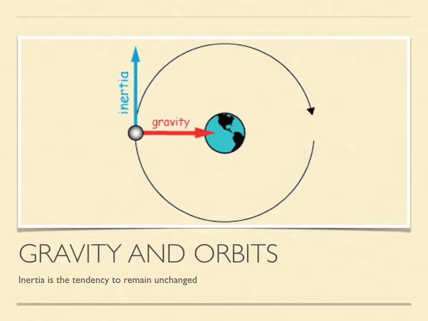So when you have gravity pulling something towards you and inertia wanting it to go in a straight line, the result is the circular orbit that we see of moons going around planets, or planets going around stars, or other celestial bodies like asteroids, which also travel in orbits much like the planets do.